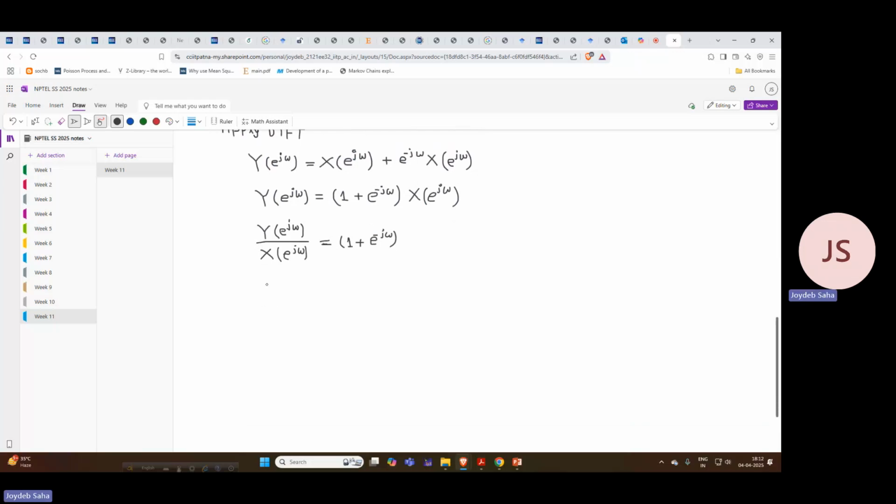So H of e to the power j omega is 1 plus e to the power minus j omega.